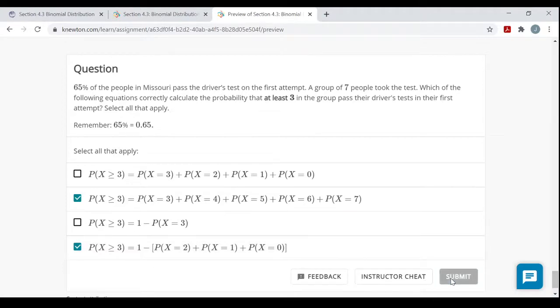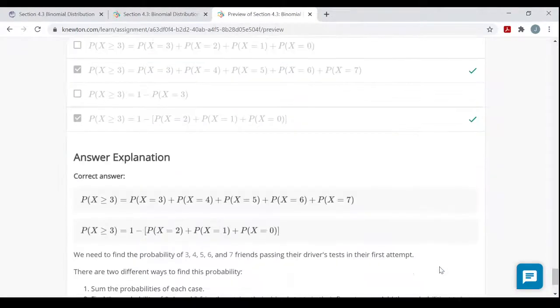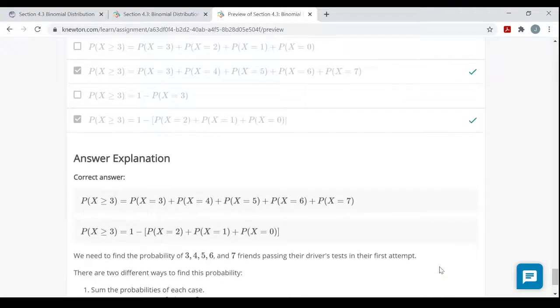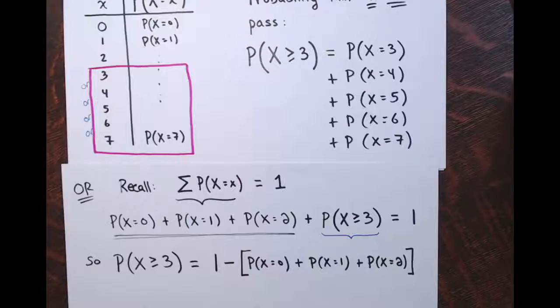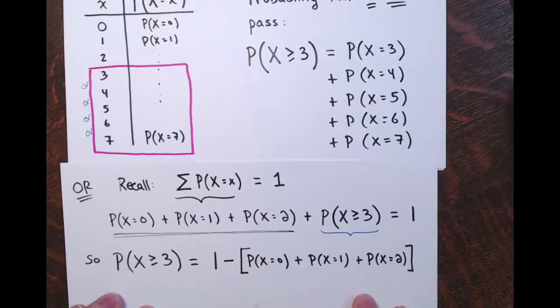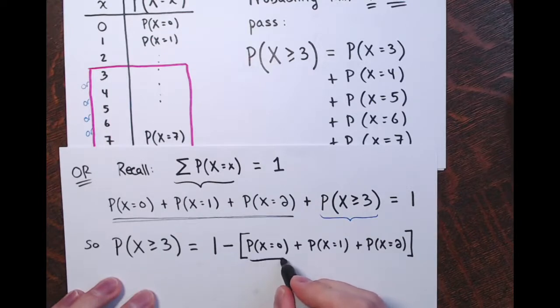Now let me show you the actual number. I don't know if they actually want us to find it, but let's actually find this probability. Now I guess another way to write this too. This expression in the brackets, 0 plus 1 plus 2, that's getting 2 or less successes.